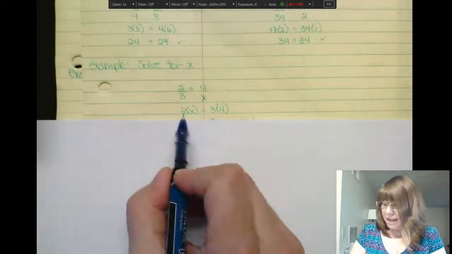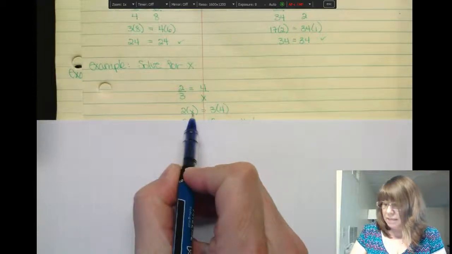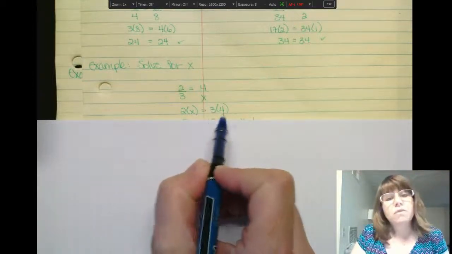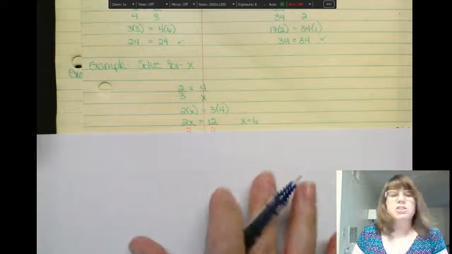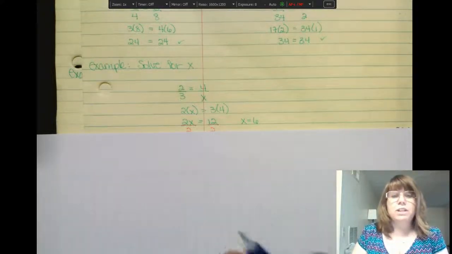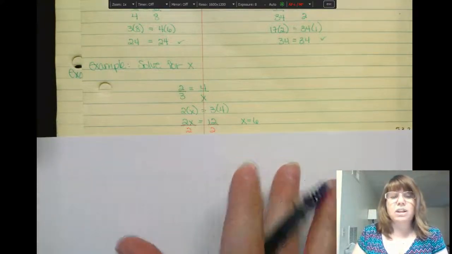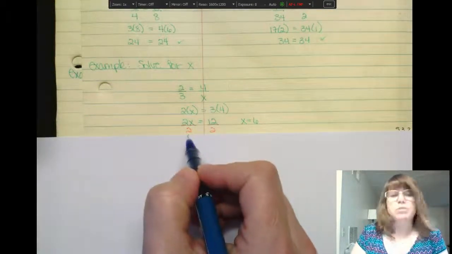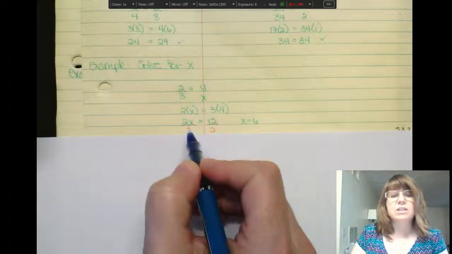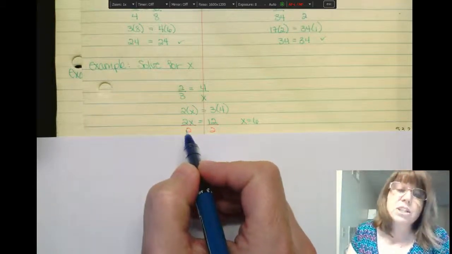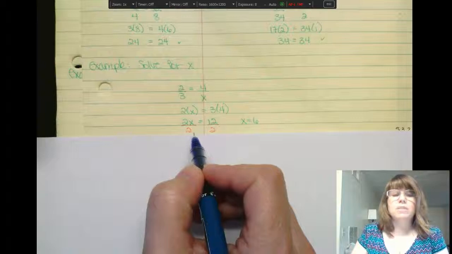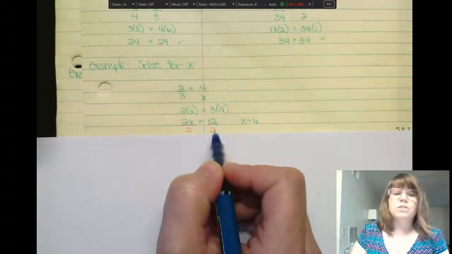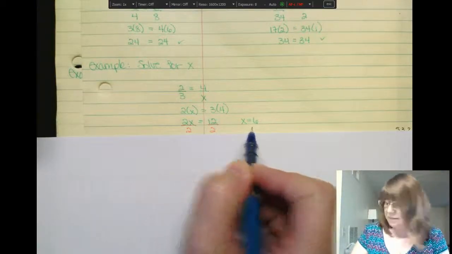So here are my extremes, 2 times x, my means, 3 times 4. 2 times x is just 2x. 3 times 4 is 12, but using my multiplication property of equality, I can multiply by its reciprocal on each side, so it's 2, or think of it as division. 2 divided by 2 will give me a nice 1. 12 divided by 2 is 6.